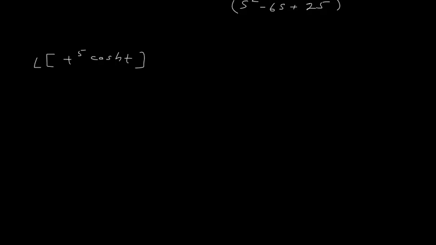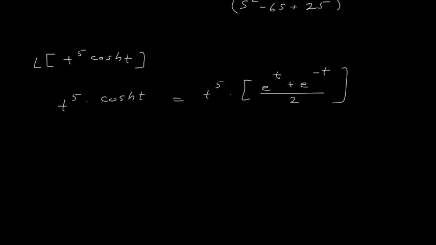The other way is that I can convert this cos hyperbolic t in terms of e power. Okay, and then first I find Laplace transform of t power 5 and then use the first shifting theorem. So let us see what I am saying. T power 5 into cos hyperbolic t, this can be written as t power 5 into e power t plus e power minus t whole divided by 2.